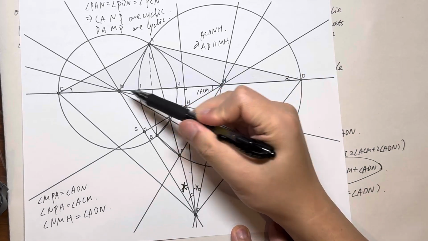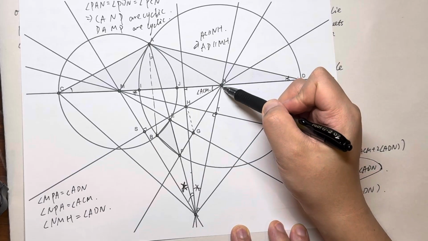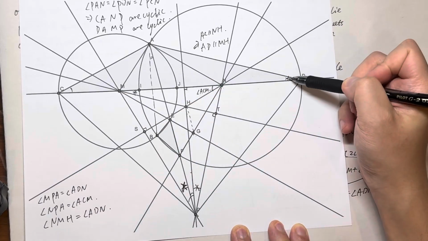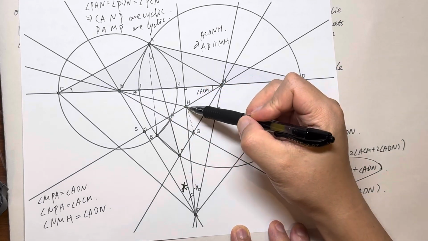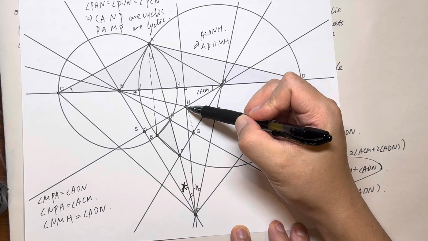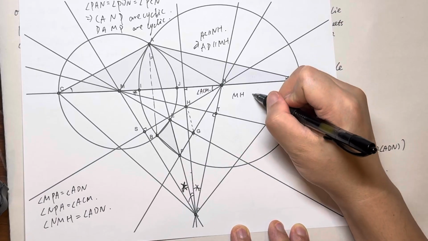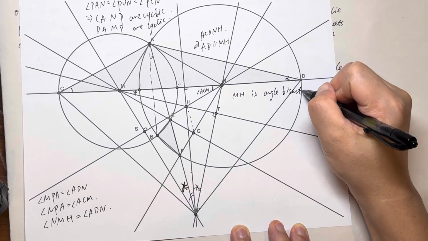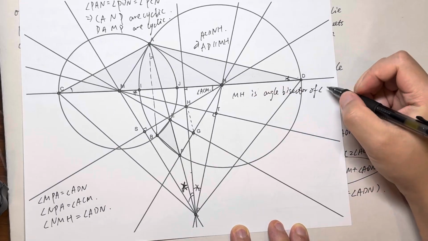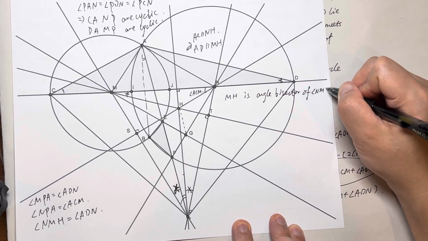Angle NME or angle NMG is twice angle ADN, which means MH is the angle bisector of angle NMG, right? MH is the angle bisector of angle NMG.